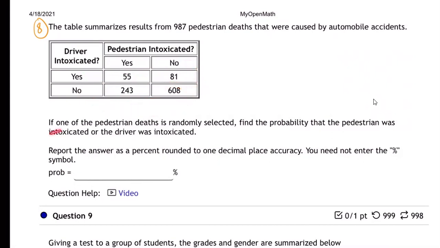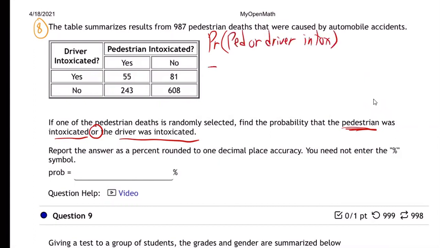Okay, so if one of the pedestrian deaths is randomly selected, find the probability the pedestrian was intoxicated or the driver was intoxicated. It's an interesting question. So, probability, pedestrian or driver intoxicated.